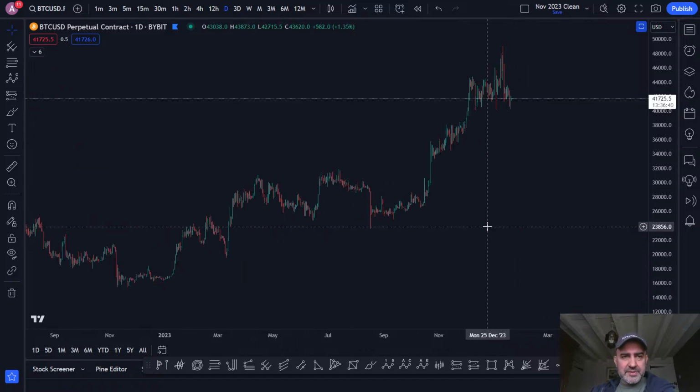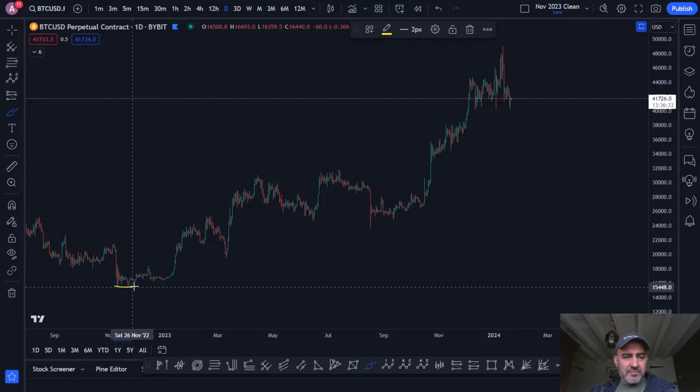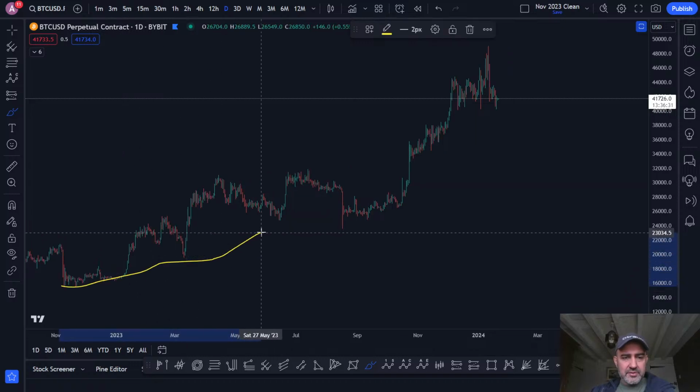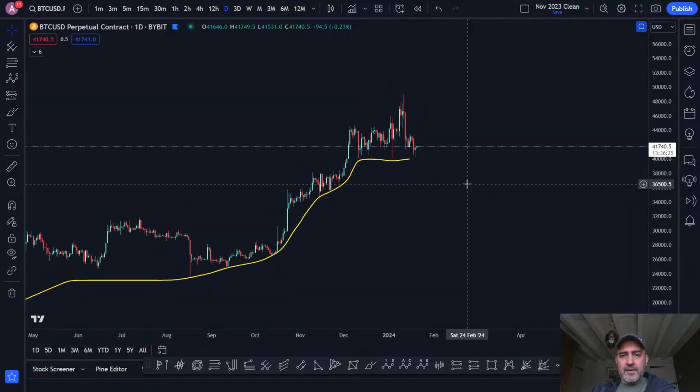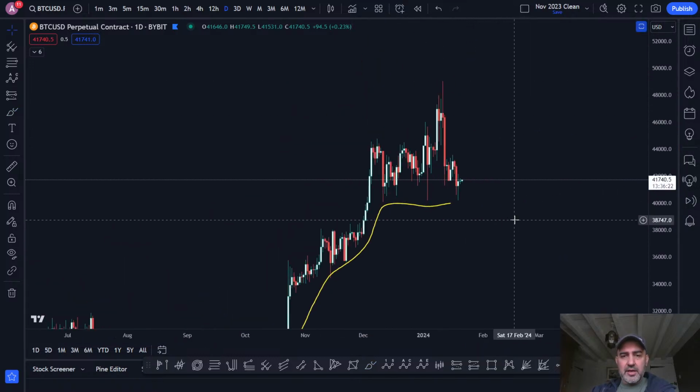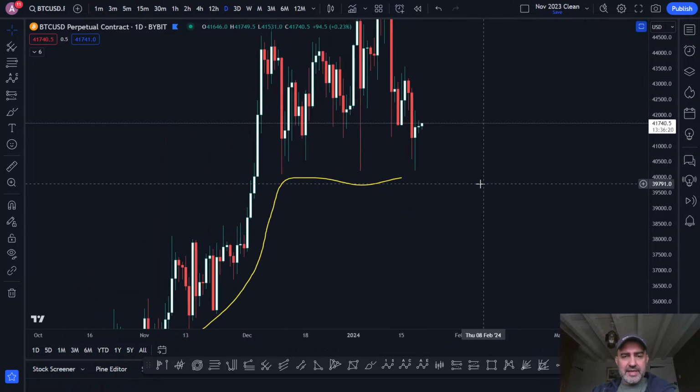So basically what he was saying, which I agree with, was that on Bitcoin, ever since these lows, we've been making higher lows. I already knew this, but I agree with what he said.